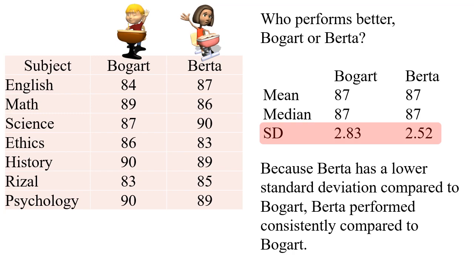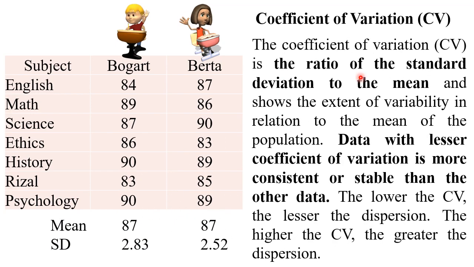So this is where the coefficient of variation comes in. The coefficient of variation, class, is simply the ratio of the standard deviation to the mean, and it shows the extent of variability in relation to the mean of the population, or in our case, the sample.